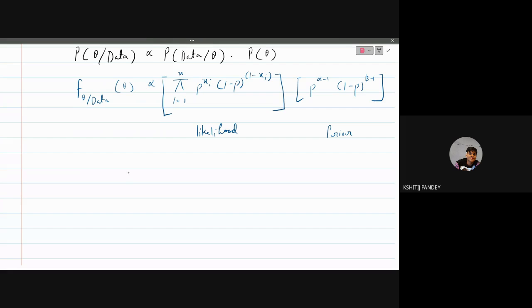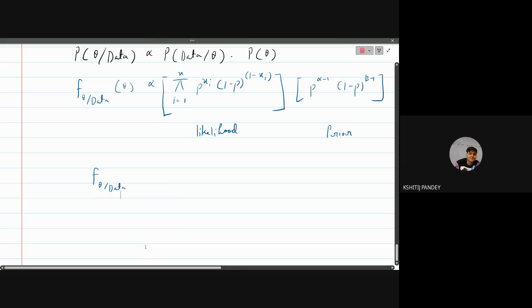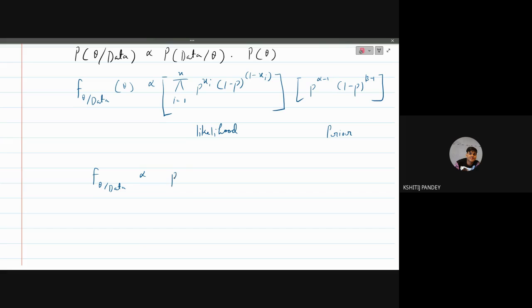And in the end, what you'll get? Your posterior density for theta will be directly proportional to p raised to the power summation over xi plus alpha minus 1 from here, and 1 minus p raised to the power summation over 1 minus xi plus beta minus 1.